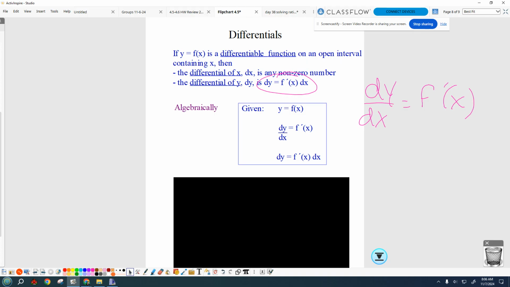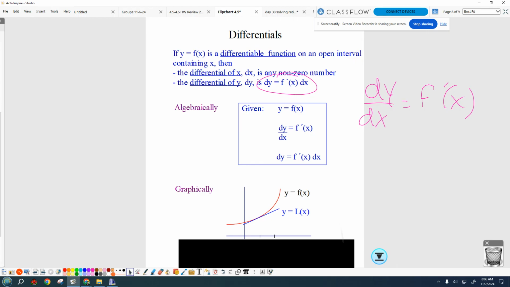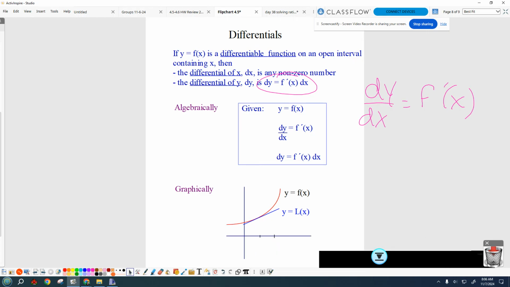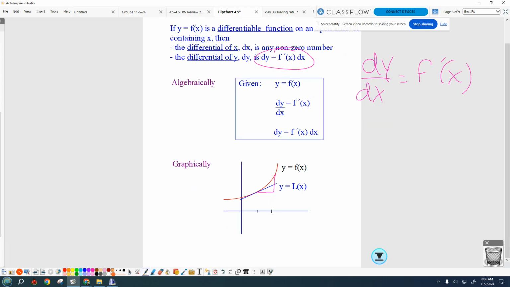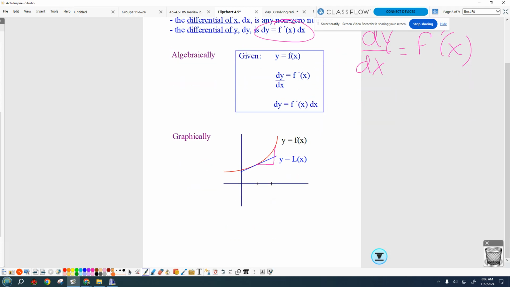Differentials. Just a comment on notation. dx is how much you're taking a step in x in our derivatives, your infinitesimally small slices.